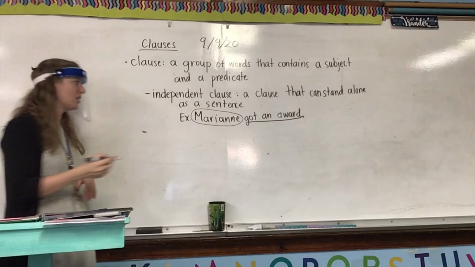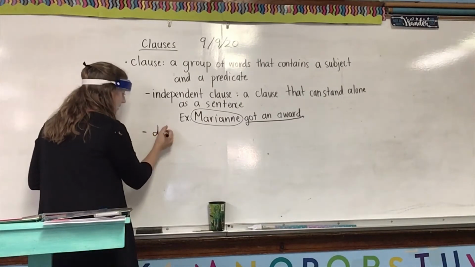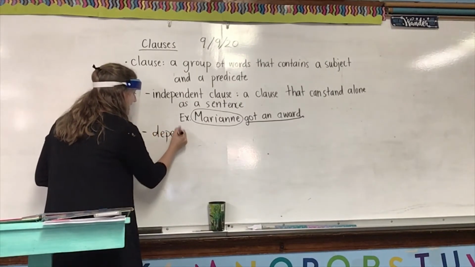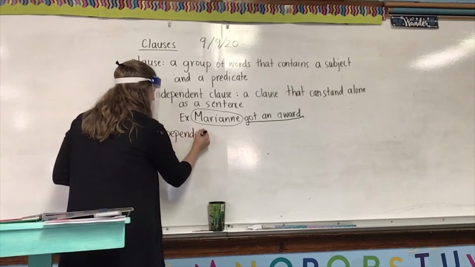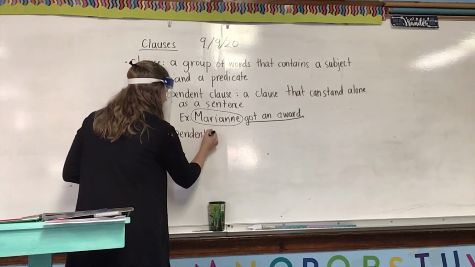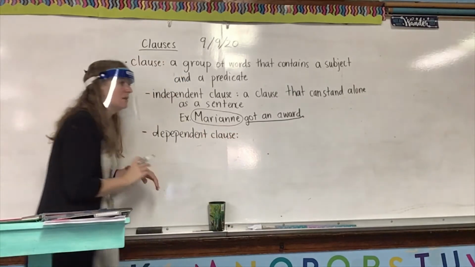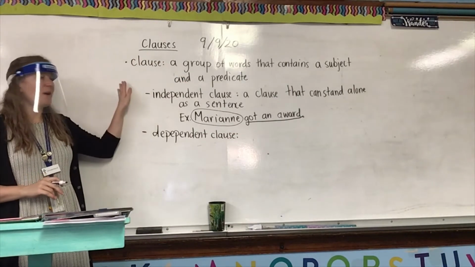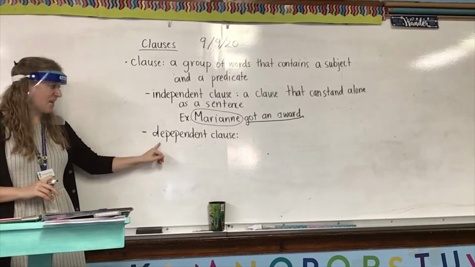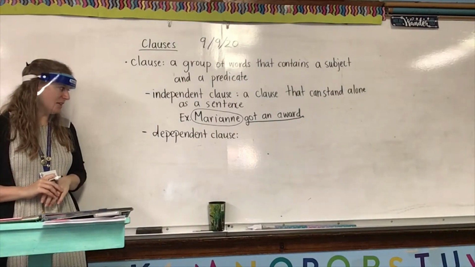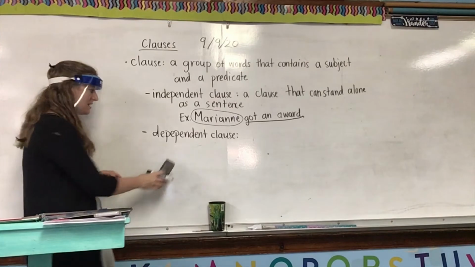But now, we've already talked about clauses and independent clauses. Today we're going to talk about a new type of clause called a dependent clause. I spelled that super wrong.